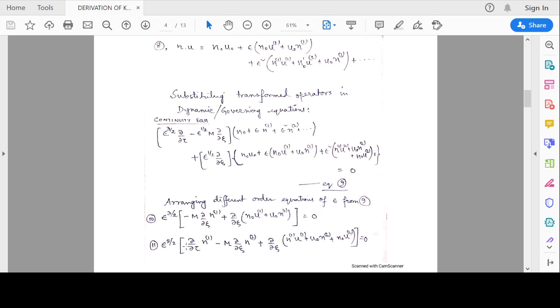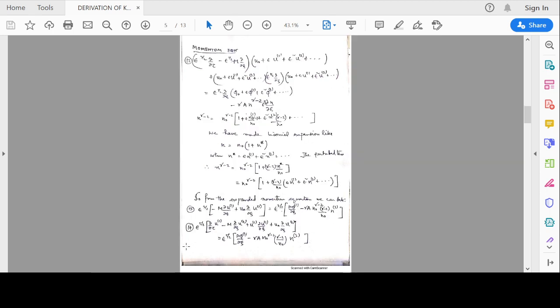Equations which are like KdV but modified. So we call it modified KdV equations. And different forms are available in the literature, and you can just check it if it's possible for you.